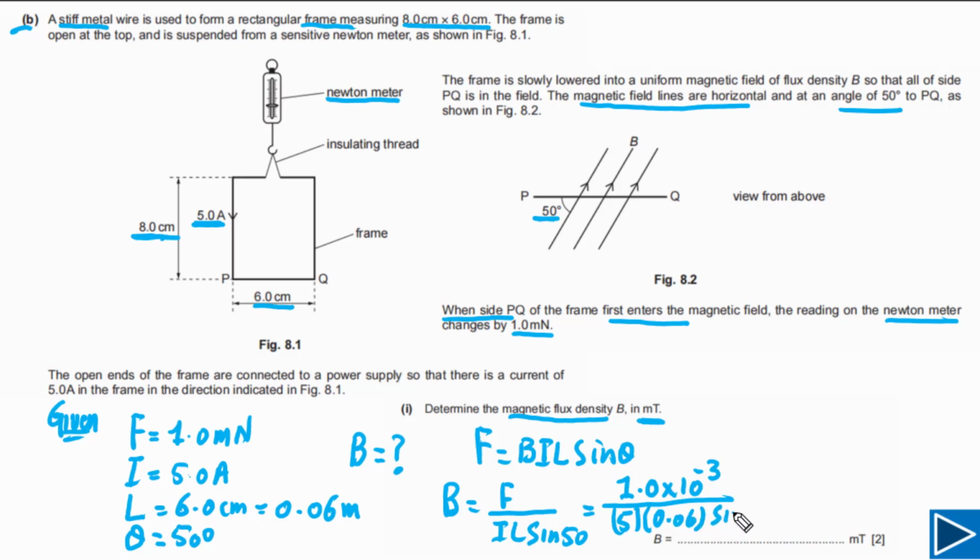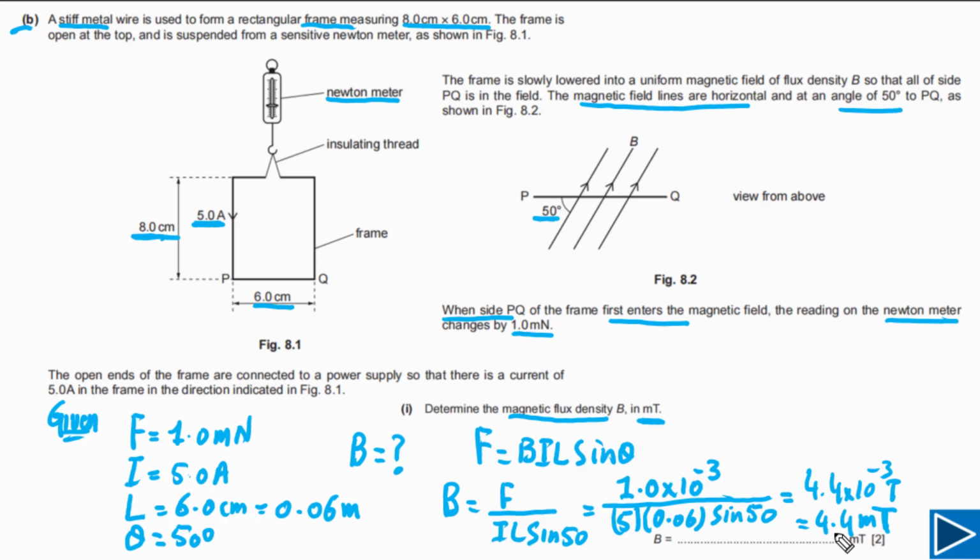So here we have sine of 50 degrees. Now if we do these calculations, our final answer in this case will be 4.4 times 10 to the negative 3 teslas. Or simply we can say this will be equal to 4.4 milliteslas because our answer has to be in milli. So this is our final answer.